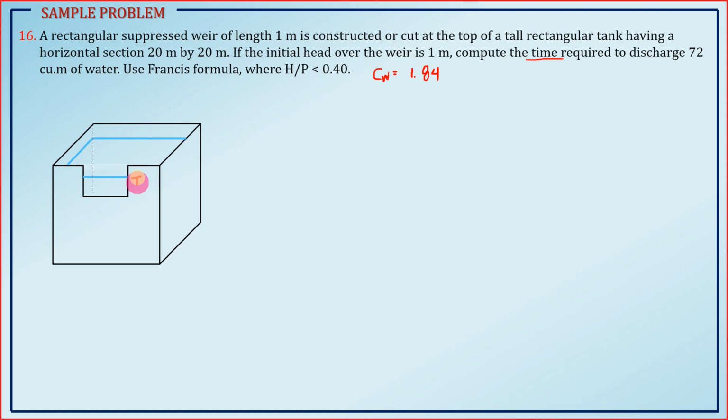The head initially is 1 meter, and the dimension of this tank is 20 meters by 20 meters horizontal cross-section. What we are looking for is the time required when we withdraw 72 cubic meters of water. That is the volume required.